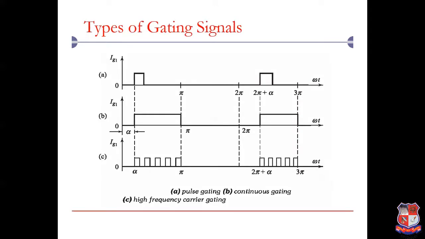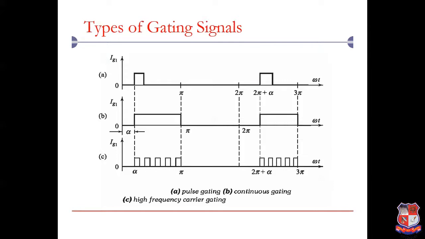Now, these are some types of gating signals which we can provide to our AC regulators. The first one shows a single pulse, the second figure B shows a continuous pulse, and the third figure C shows a pulse train. Now, where to apply which kind of pulse?